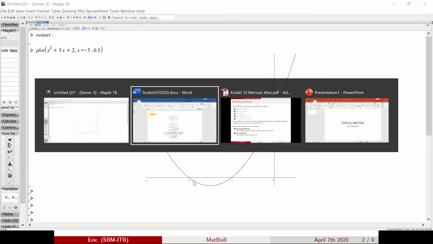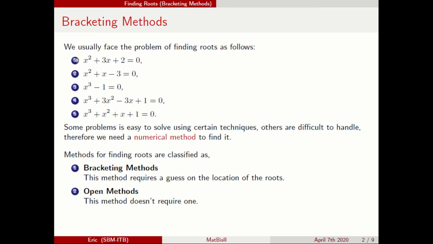So when we are looking for the roots of this equation, geometrically we are looking at the x-intercepts.